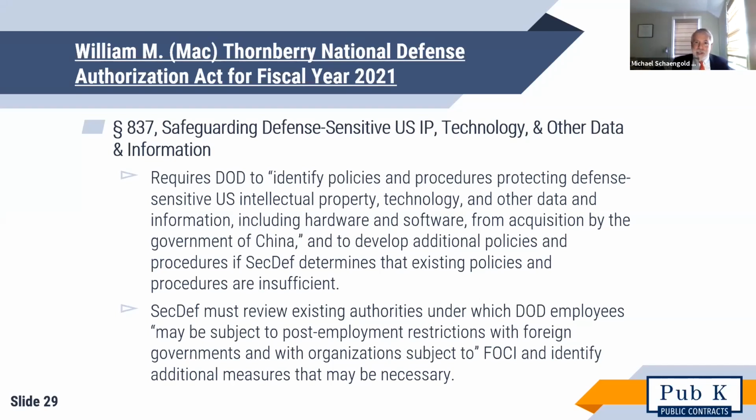In developing the policies, the Secretary must 1, establish and maintain a list of critical national security technology that may require restrictions on current or former DoD employees, contractors, or subcontractors that contribute to such technology. 2, review the existing authorities under which DoD employees may be subject to post-employment restrictions with foreign governments and with organizations such as FOCI. And 3, identify additional measures that may be necessary to enhance the existing authorities.